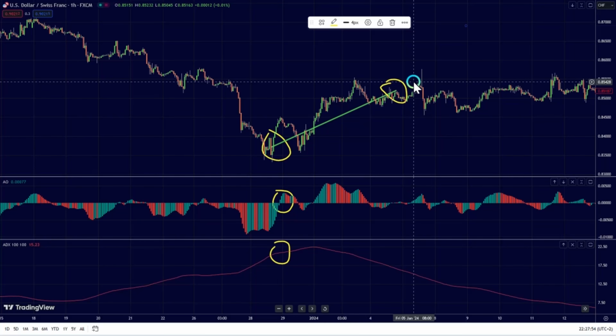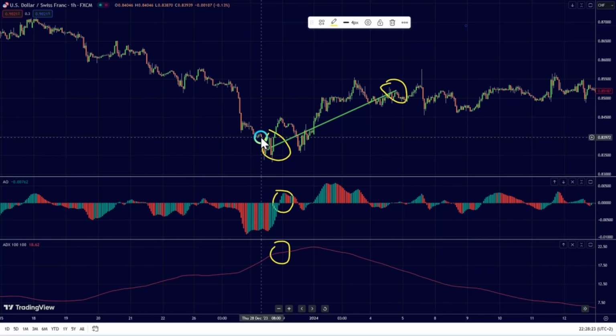This is the reason I didn't optimize the strategy. I just put it on completely random pairs, random periods. I was surprised how good these two indicators did when I tested them as an algorithm on random markets.